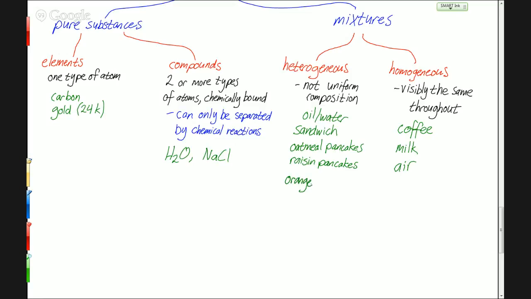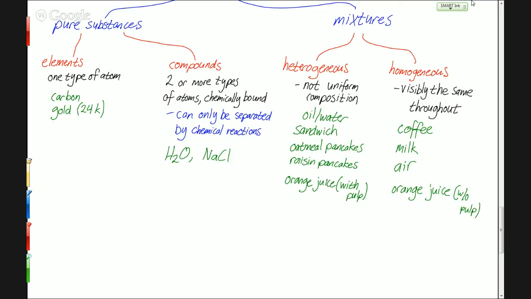We'll put orange juice in heterogeneous if it's with the pulp, and we'll put orange juice in homogeneous without the pulp. That's a pretty good list, I think.